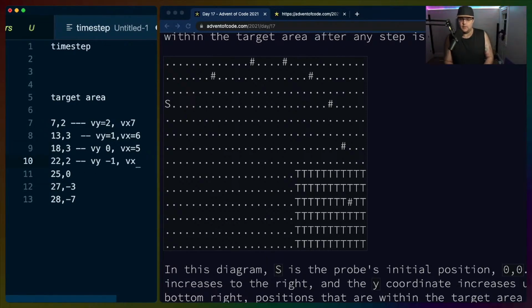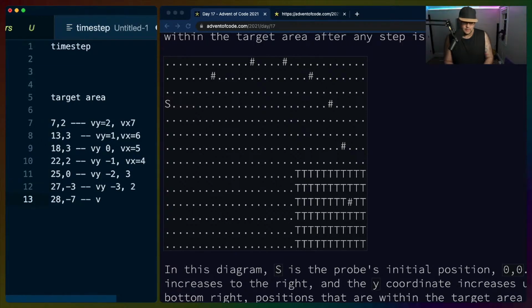Negative 1. 4. Negative 2. 3. Negative 3. 2.